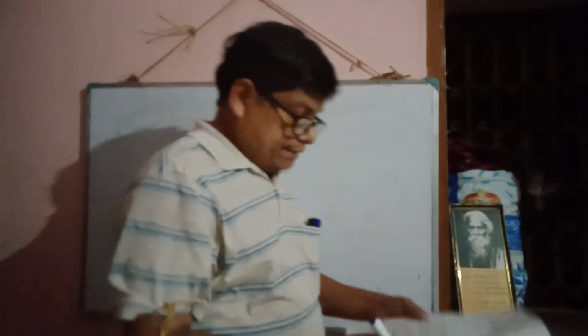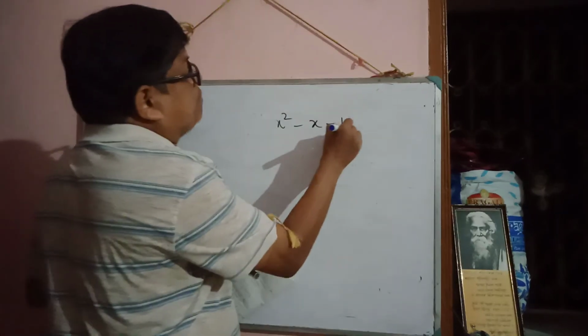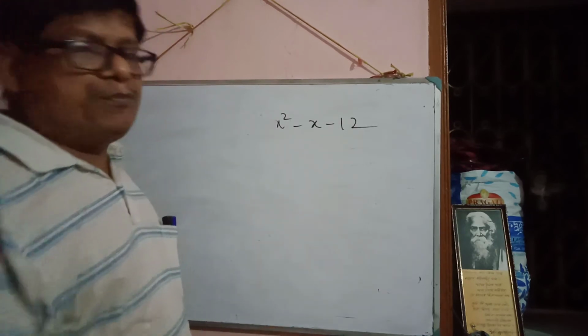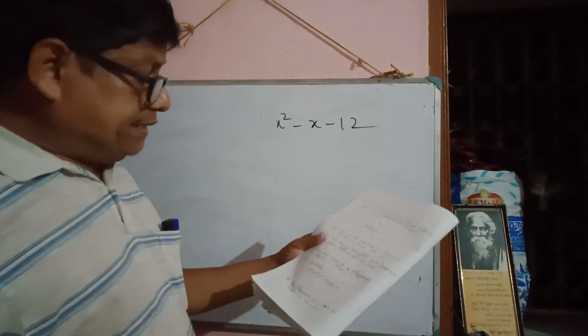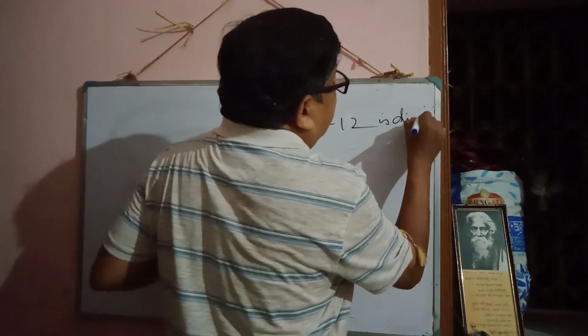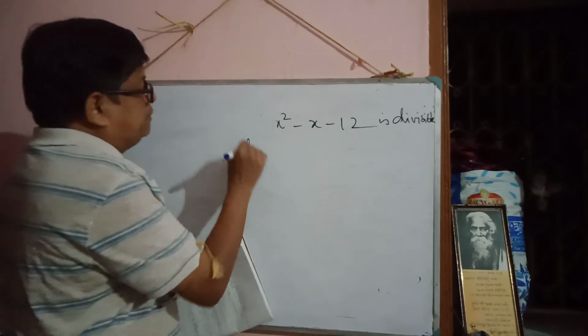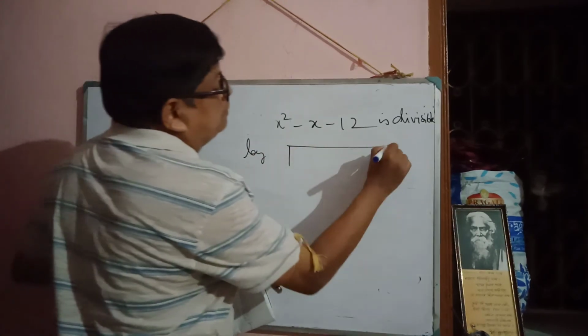Suppose given the polynomial x square minus x minus 12 is divisible by dash.